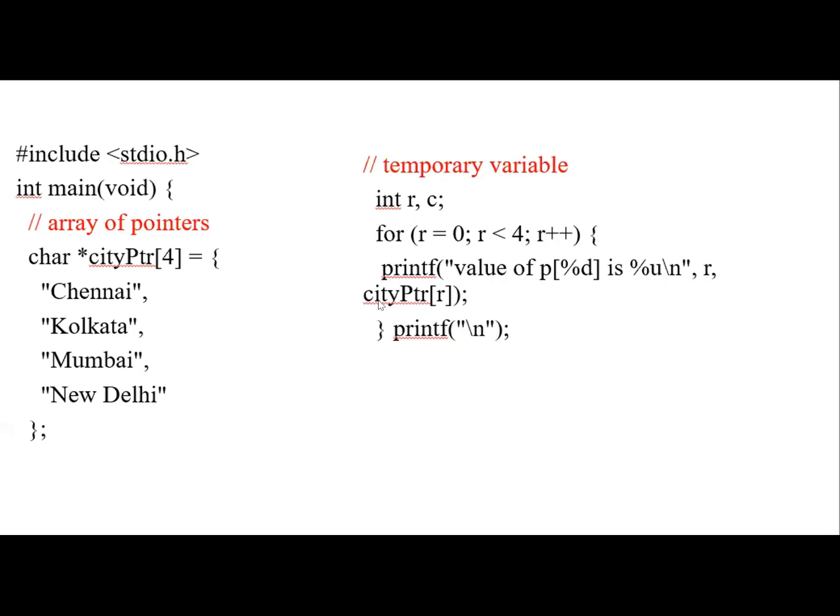So this is the value which shows the address. This one shows the address of ctptr. Initially r would be 0, so it will be pointing to this one.